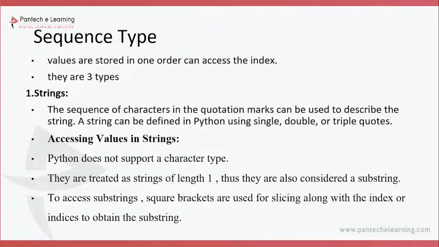If you have a string and want to access any particular character, we use slicing by using index numbers. If you want to obtain a substring from a string, we use slicing, and it can be accessed using index numbers.